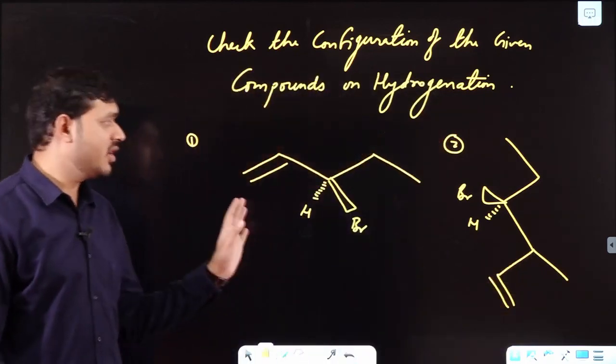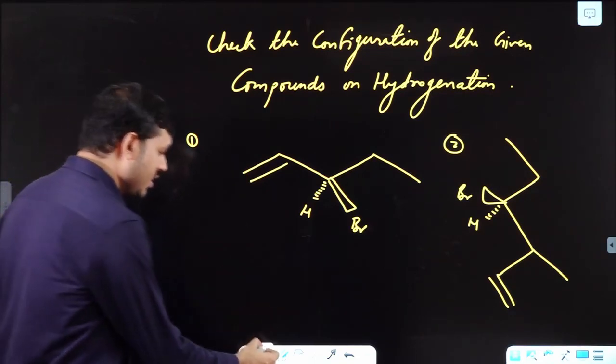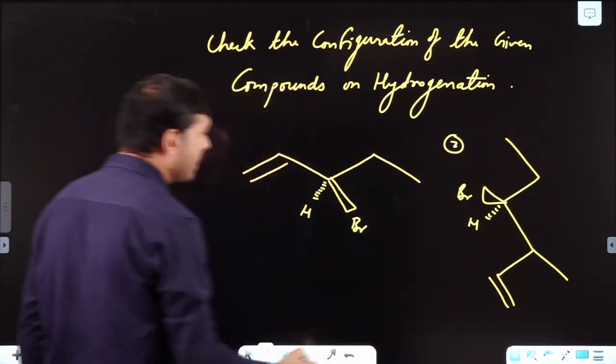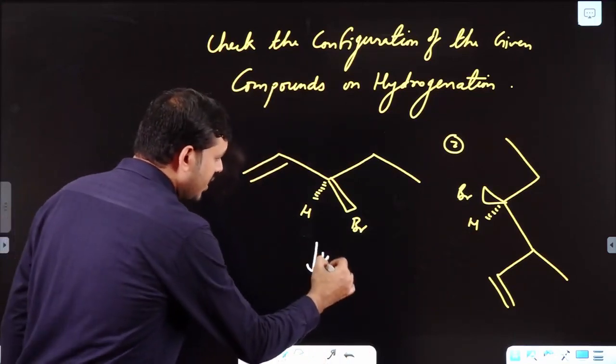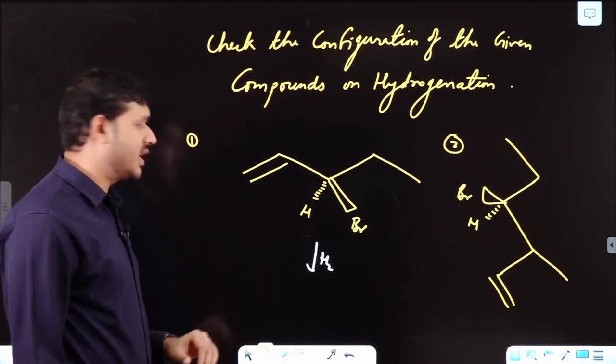Here you have to check the RS configuration in these compounds. First of all, let us draw what this compound will give on hydrogenation. Hydrogenation means addition of hydrogen, simply an addition reaction.